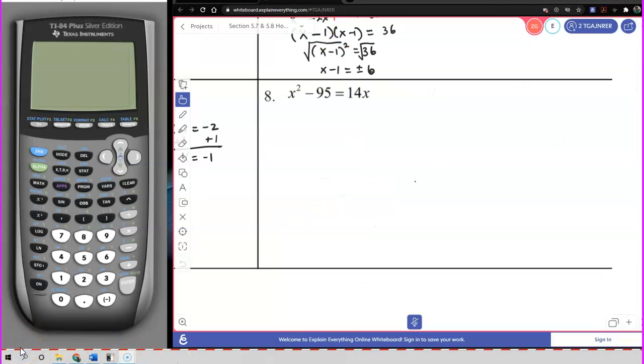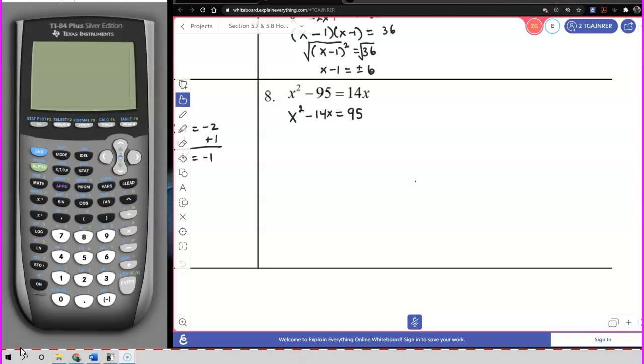For number 8, we have x squared, and that minus 95 has to go on the right side, so that's going to be 95. And that 14x, you have to subtract from both sides, so it's going to be minus 14x. So now remember, we have to find c, and we're going to solve this by completing the square.